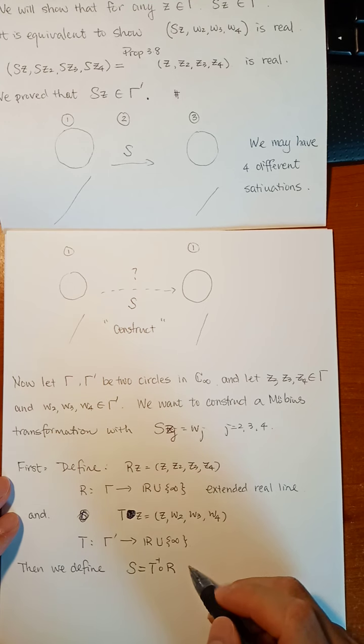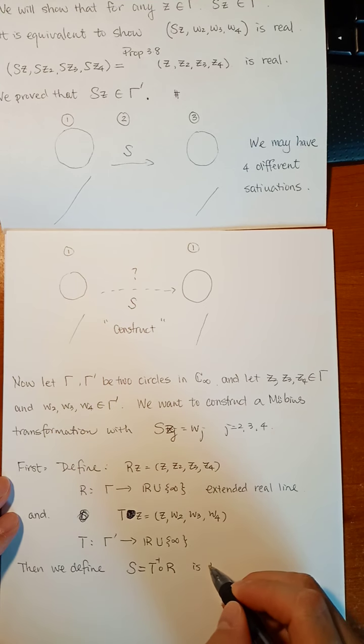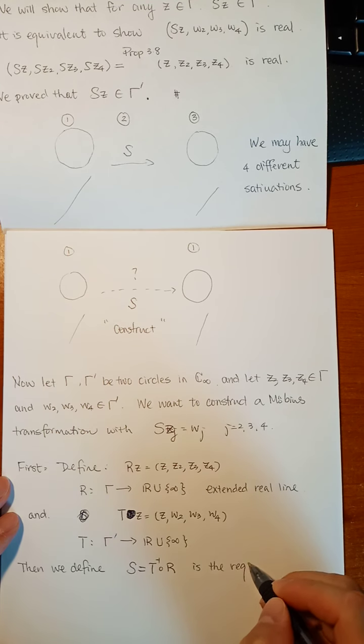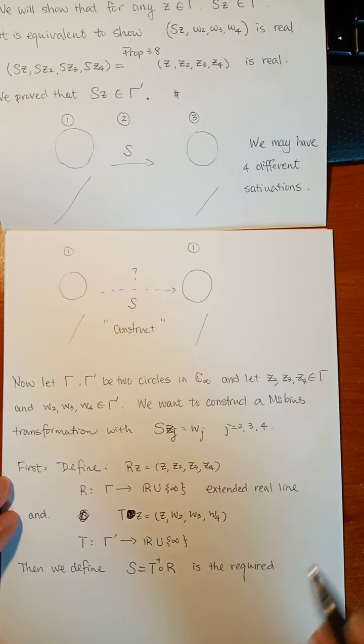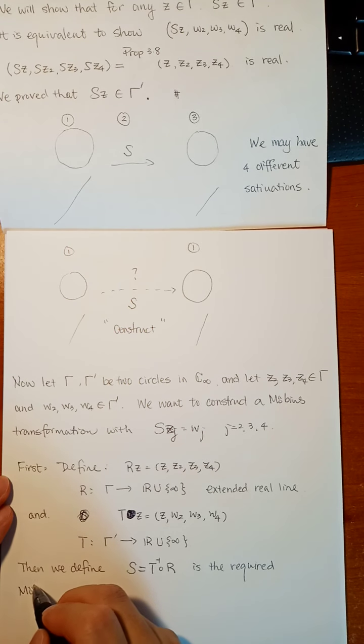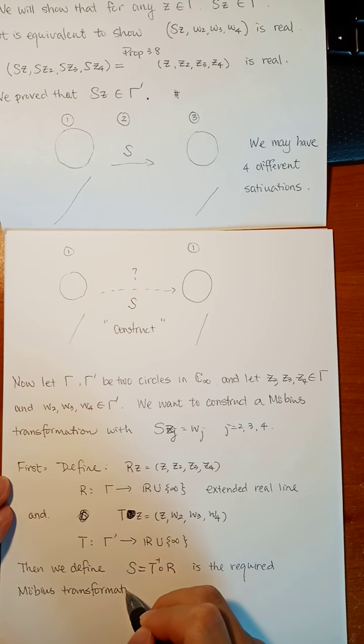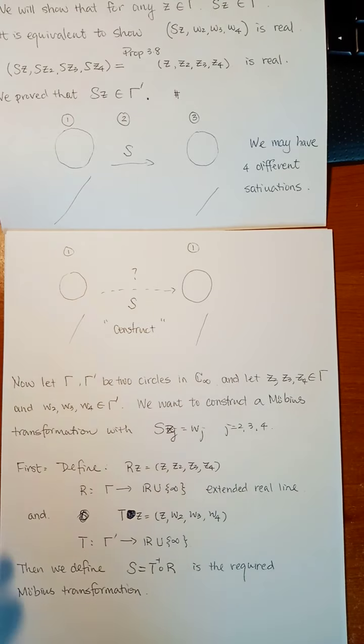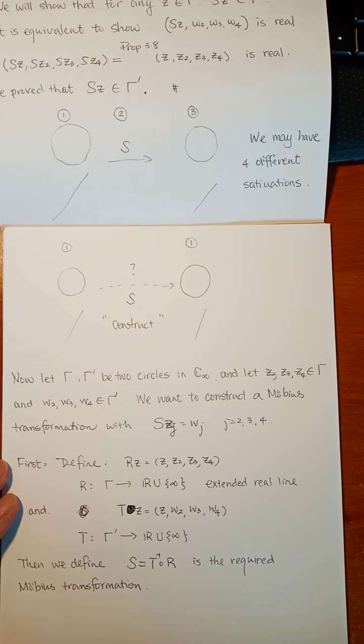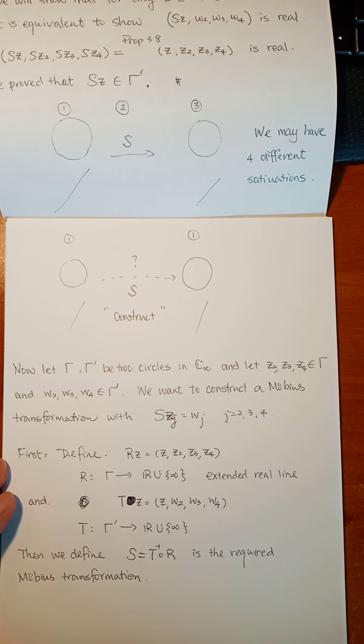So this is the required Mobius transformation. Why is it required?